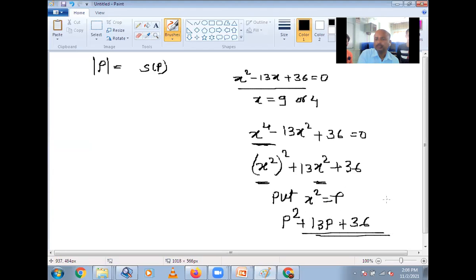After solving you will get p is equal to 9 or p is equal to 4.